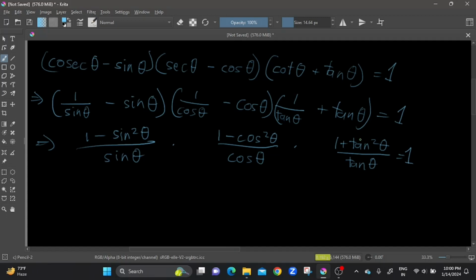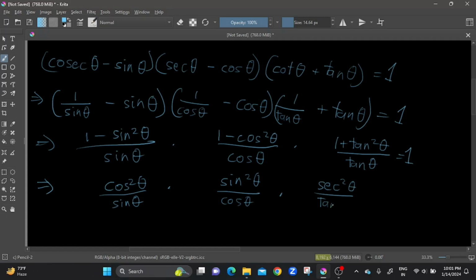Using the identity that 1 plus tan square theta is equal to sec square theta, which again is a common trigonometric ratio identity, we're going to get sec square theta. And here, again from the previous problem, we get sine square theta, and here cos square theta. So we can just substitute those in: cos square theta by sine theta times sine square theta by cos theta times sec square theta by tan theta is equal to 1 again, right?